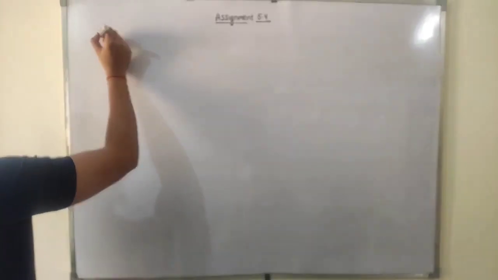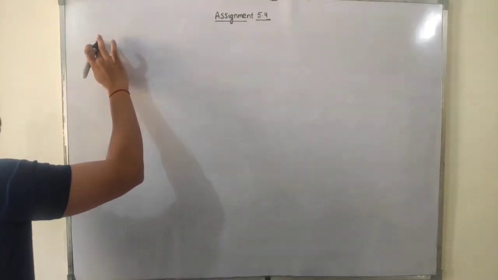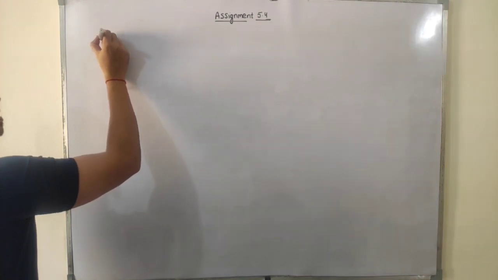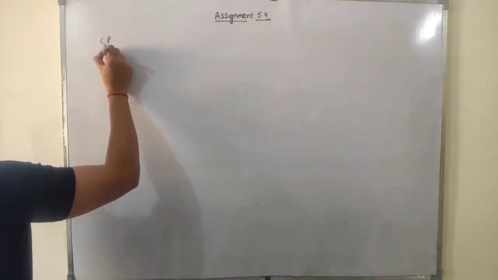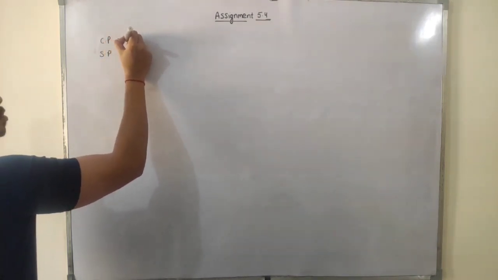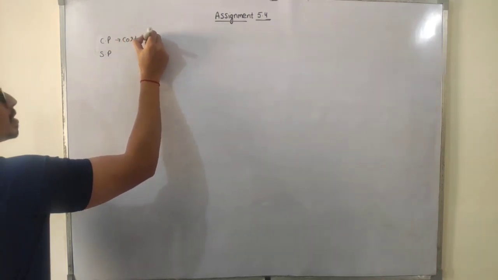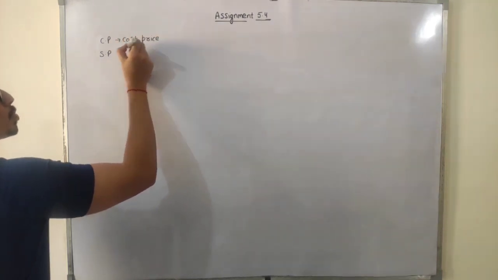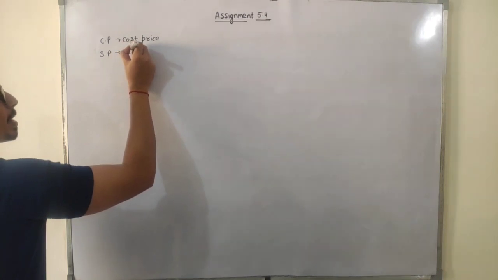See, what is profit? Before profit, let's say CP, SP. CP means cost price, SP means selling price.